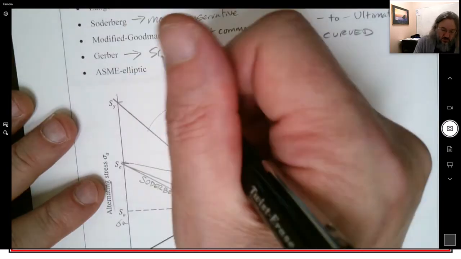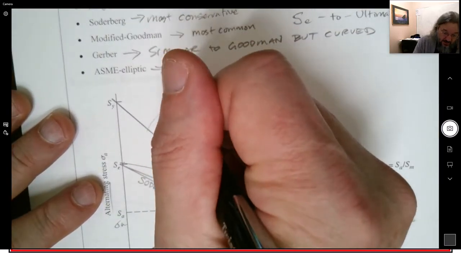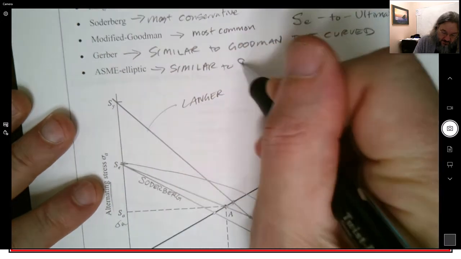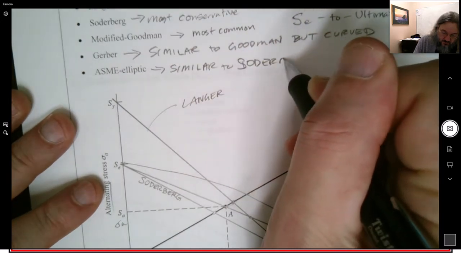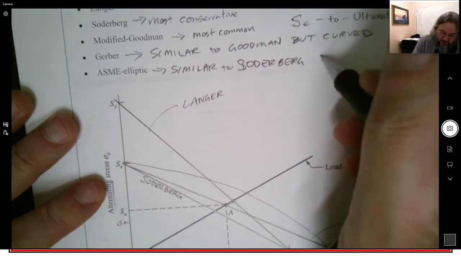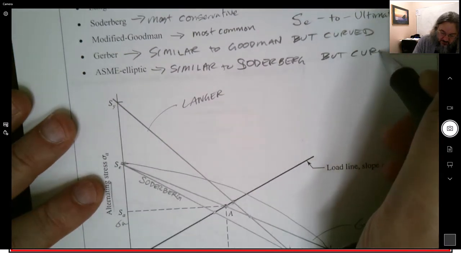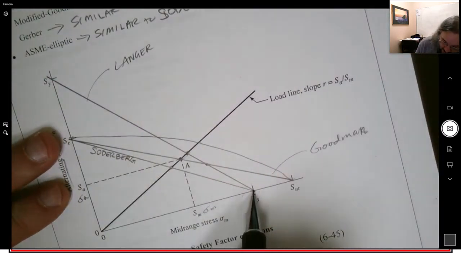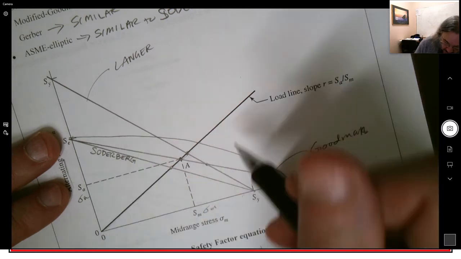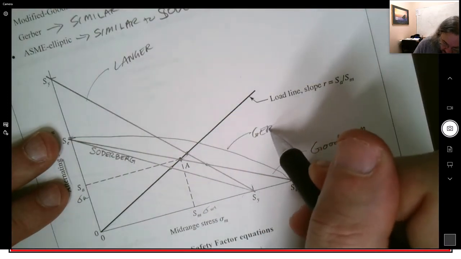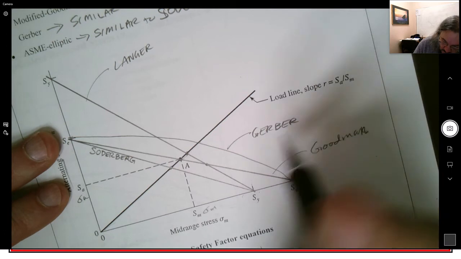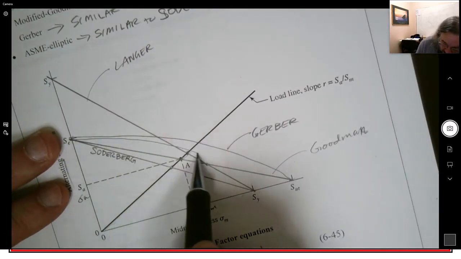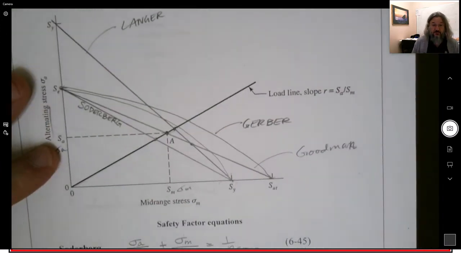And then the last one is the ASME-Elliptic, and that's really just similar to Soderberg, but curved. And so that one's going to be like this line right here. I didn't have a line. This one's Gerber. But the ASME-Elliptic is something like that right there, right?